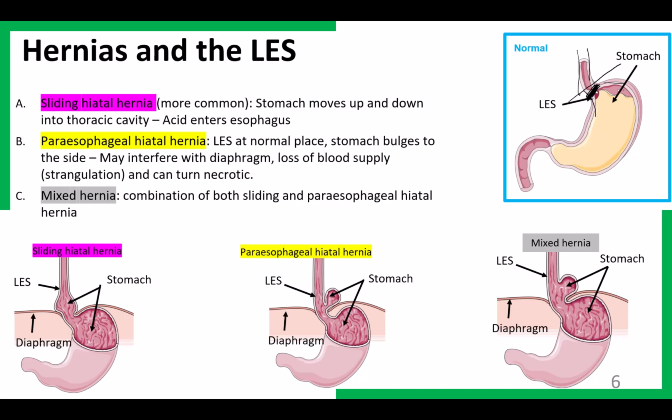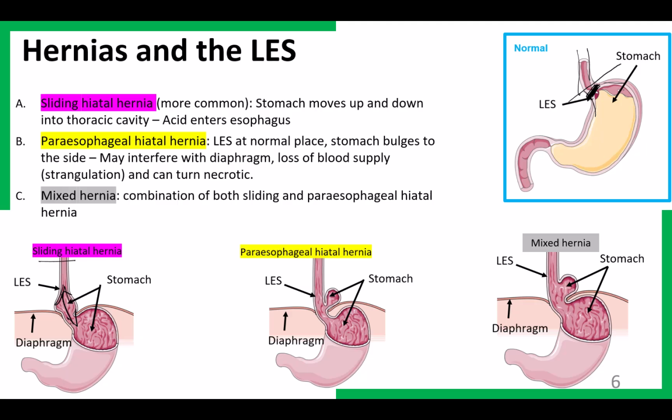So the first one is a hiatal hernia, a sliding hiatal hernia, where part of the stomach actually emerges proximal to the diaphragm. So instead of the diaphragm being just above the LES, part of the stomach actually moves up, and it's called a sliding hiatal hernia because as we breathe in and out, that part of the stomach that appears proximal to the diaphragm slides in and out.